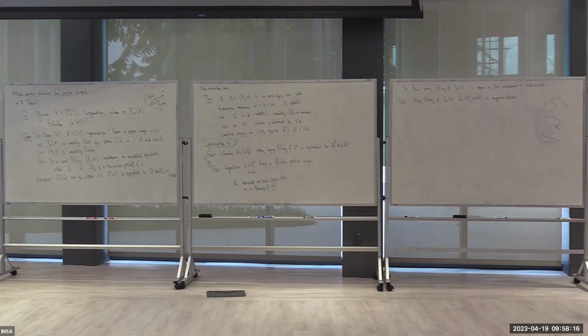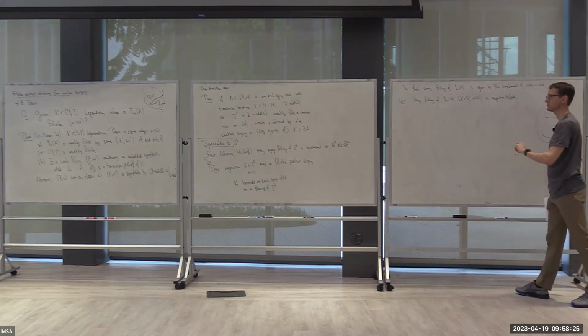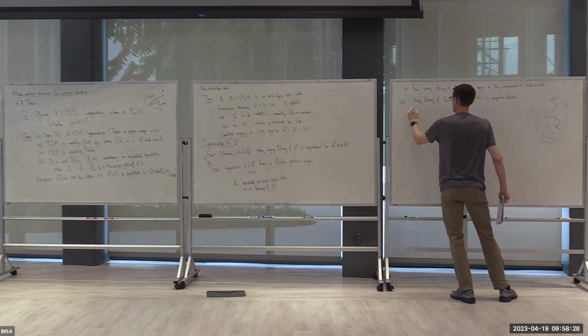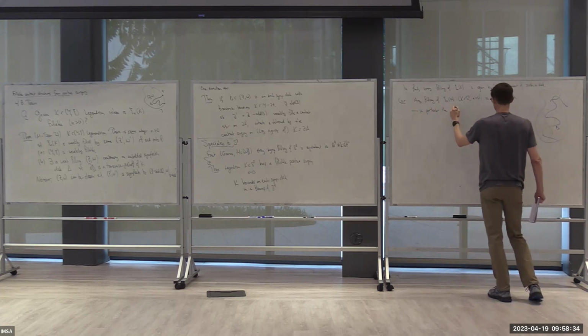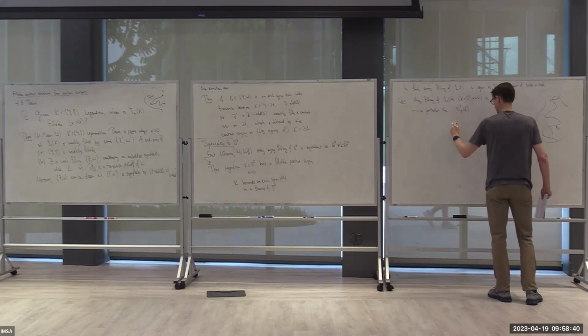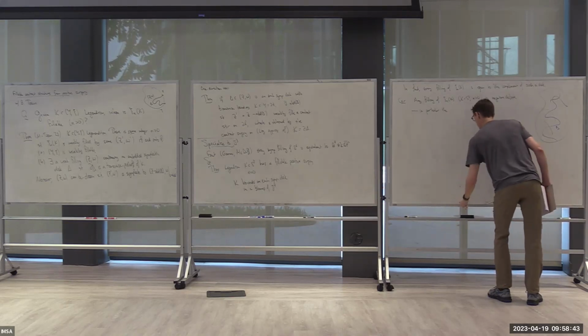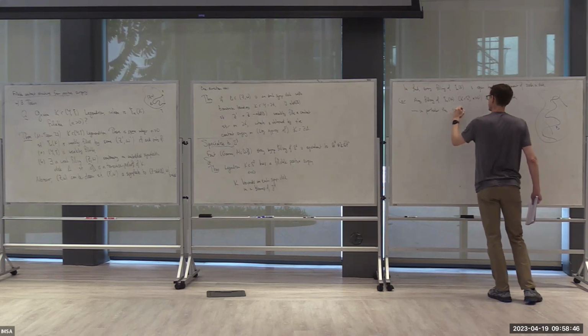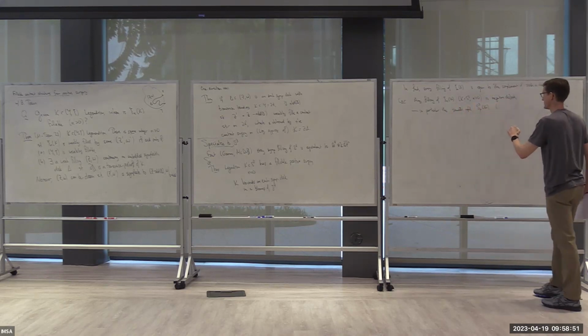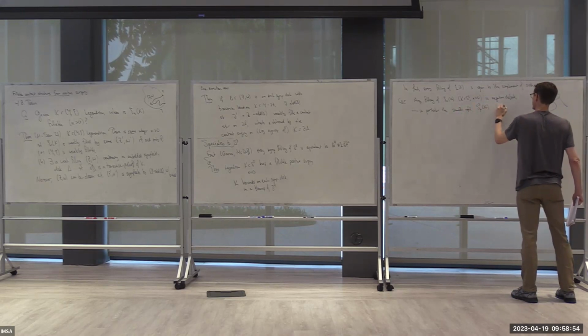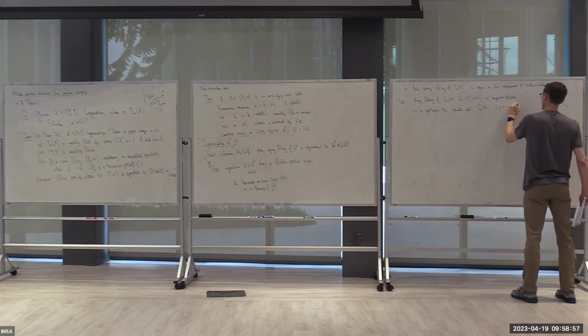There's a minor annoyance about the difference between the contact surgery coefficient and the smooth surgery coefficient: the smooth surgery coefficient is the contact surgery coefficient plus the maximal Thurston-Bennequin number.